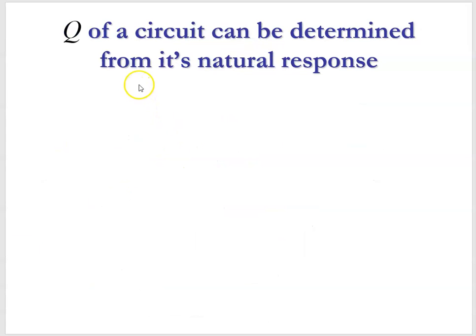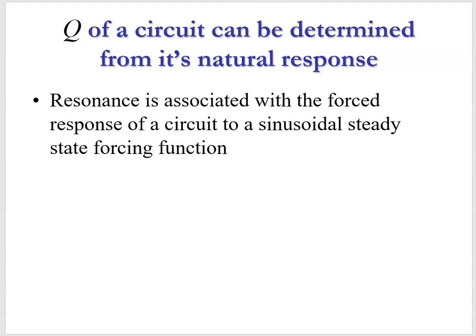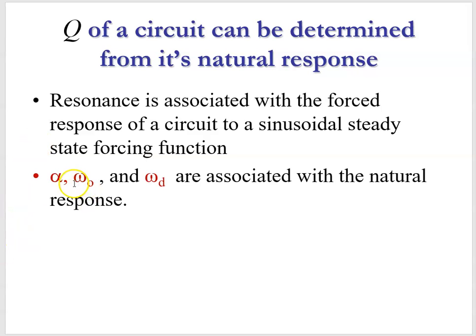So if the Q of a circuit can be determined from its natural response, what we want to look at is the quality factor as opposed to some of its other characteristics. Resonance, again, is associated with the forced response of a circuit to a sinusoidal steady state forcing function. So what we've looked at is alpha, omega naught, and omega d. They're associated with the natural response.